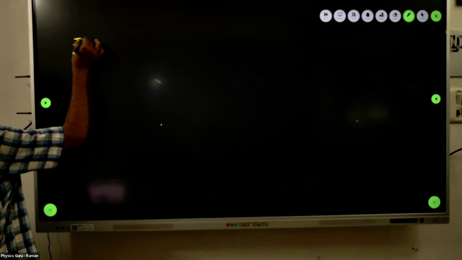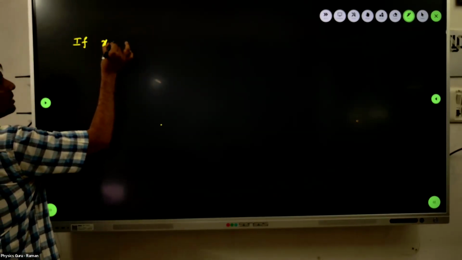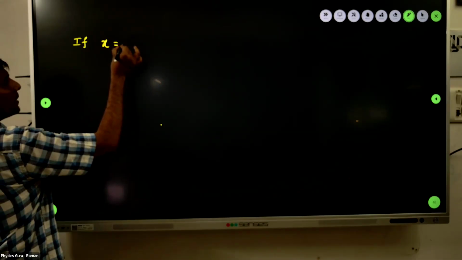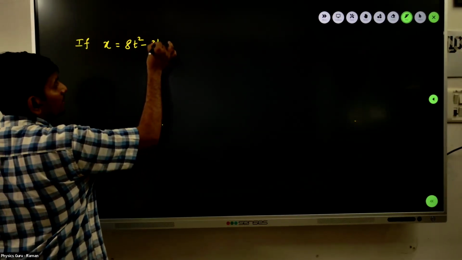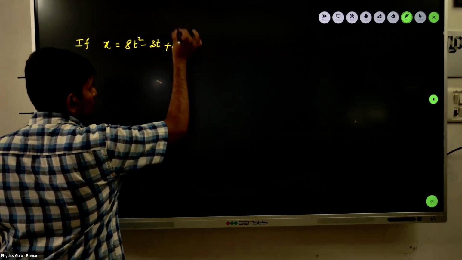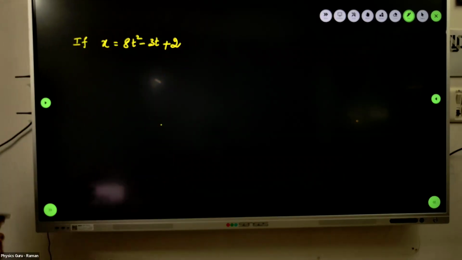If the displacement is given by 8t squared minus 3t plus 2.